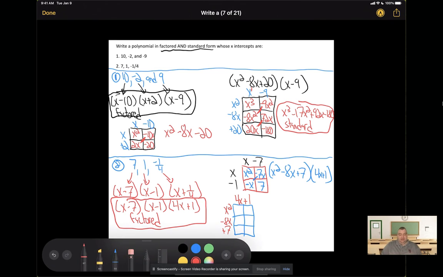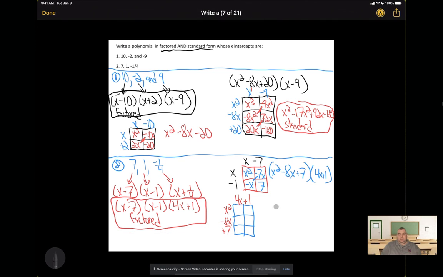And let's fill that in. So x squared times 4x, or 4x times x squared, that's going to be a 4x cubed. Negative 8x times 4x, so that will be a negative 32x squared. 7 times 4x, that's going to be 28x.